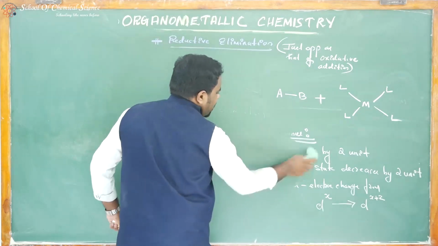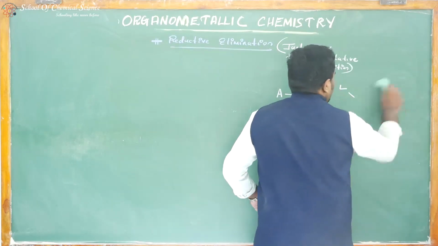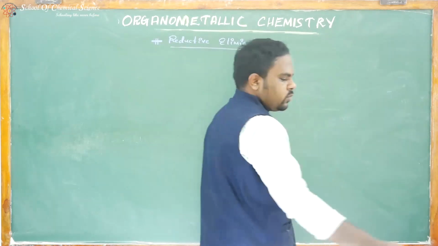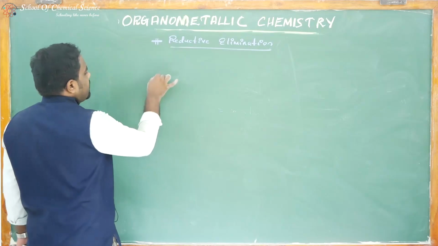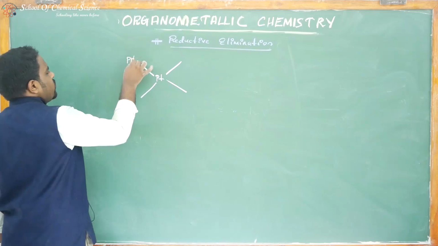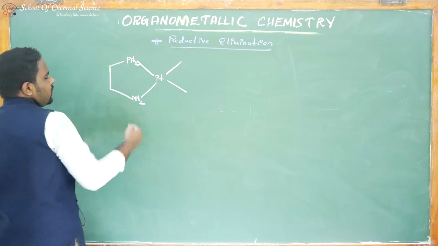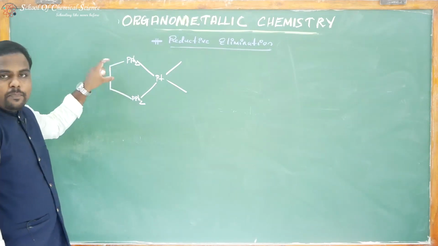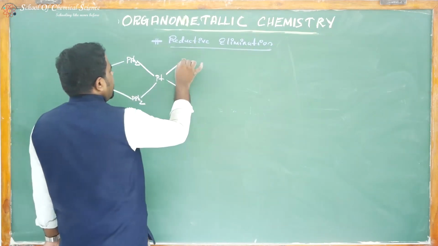Then we write some examples of reductive elimination; many examples we have to discuss. As a part of our introduction, just write 2 examples. A metal platinum, here PPh2, here also PPh2, DPPE. What is DPPE? This is DPPE, diphenylphosphinoethane.